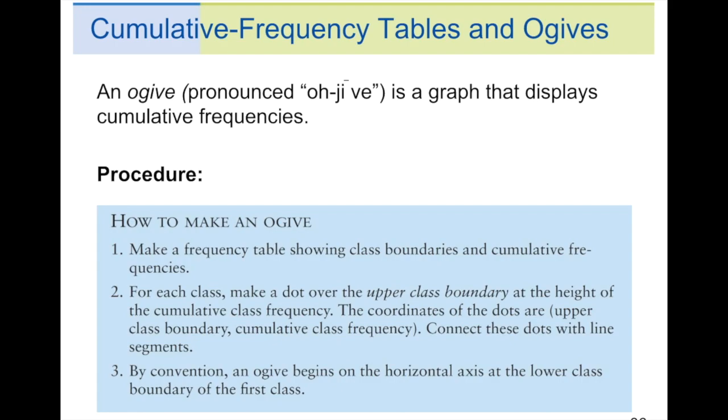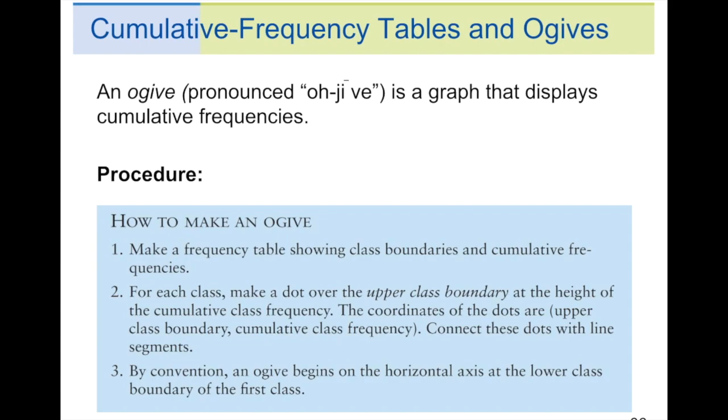An ogive is a graph that displays cumulative frequencies. How to make one? First, make a frequency table showing class boundaries and cumulative frequencies. So every time you find a frequency, you add it to all the previous. Number 2, for each class, make a dot over the upper class boundary at the height of the cumulative class frequency.